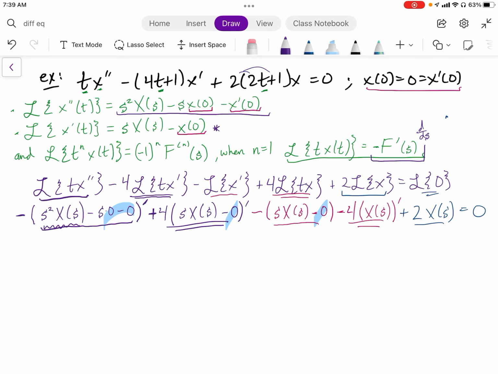So we have 2s x of s. Now we have a negative up front, so I'm going to go ahead and just distribute that now. And then minus, again, the negative out front, s squared x prime. Okay, f prime g plus f g prime. All right, plus 4, now go to the next term.